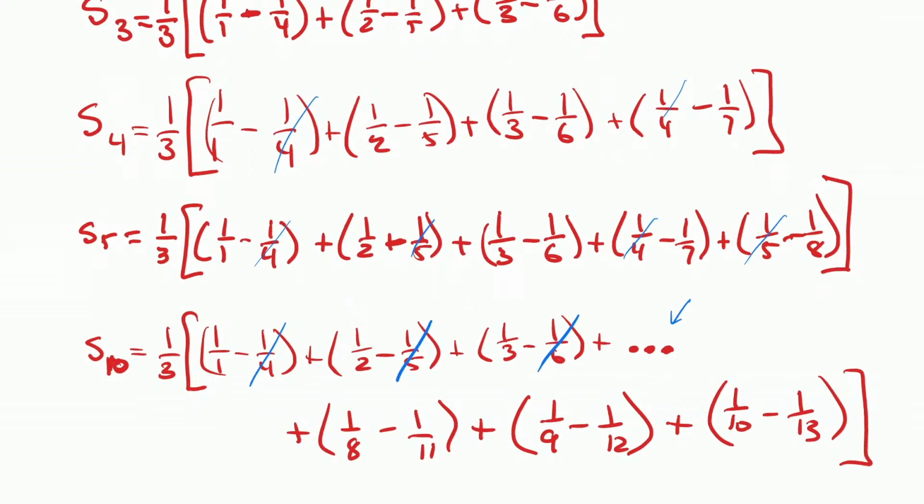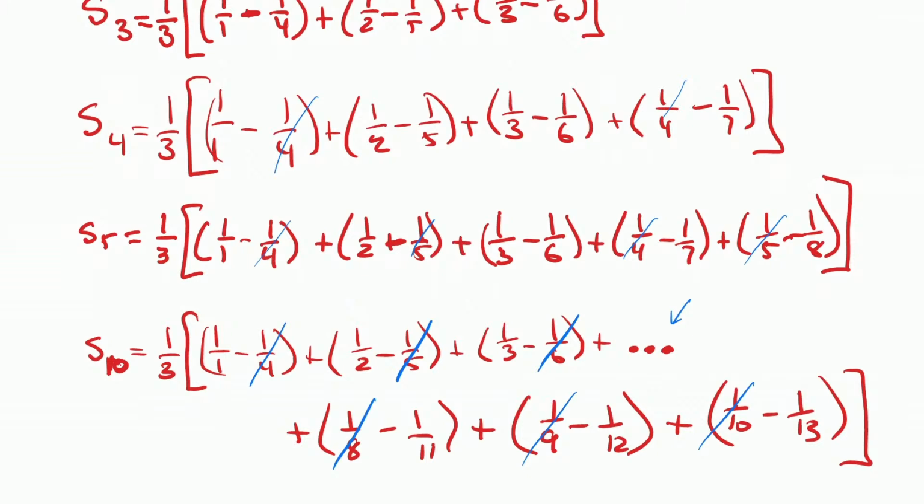Now, what about the last three terms? The 1/8 will cancel with 1/5 minus 1/8. The 1/9 and the 1/10 will get canceled too.